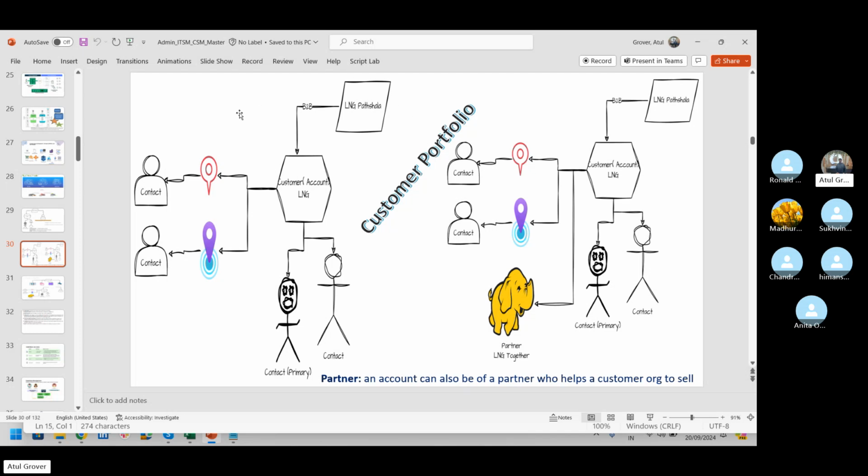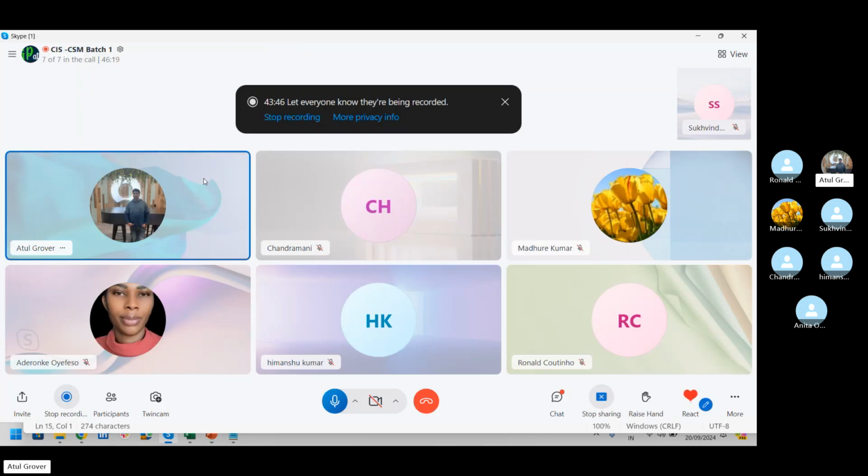I'm saying this is customer portfolio, not consumer portfolio, because a customer can be in multiple locations. Simply take the example of the company where you are working: Infosys, Wipro, DXC, Accenture, Zensar, Cognizant, Capgemini. They are scattered in different locations across the world.